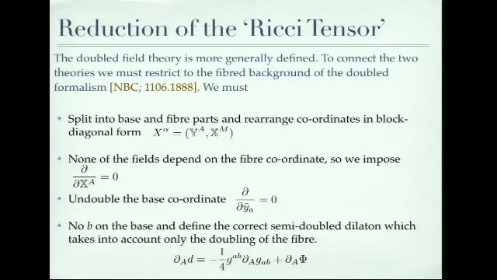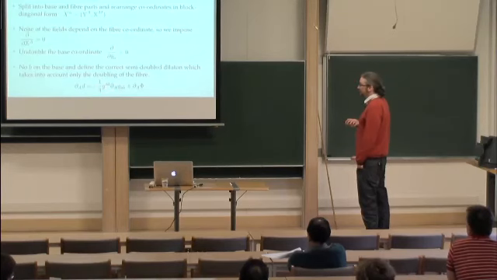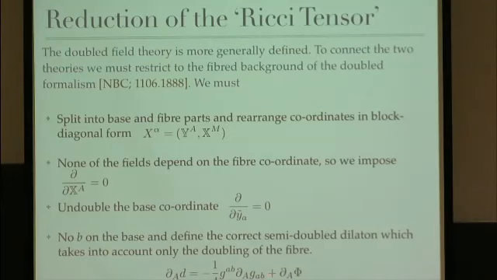So this was the double field theory dilaton, double dilaton D, and this is the double dilaton in double formalism, and this is only the base metric that appears in here. So neither of these is the ordinary dilaton.